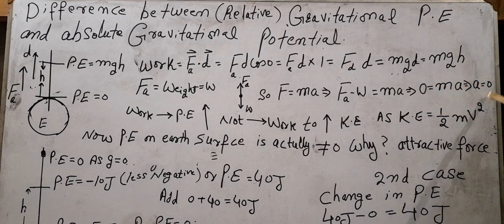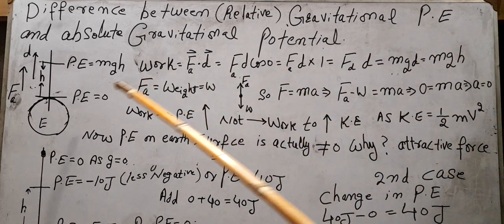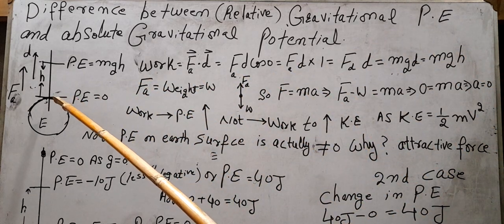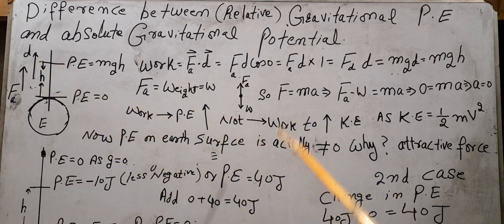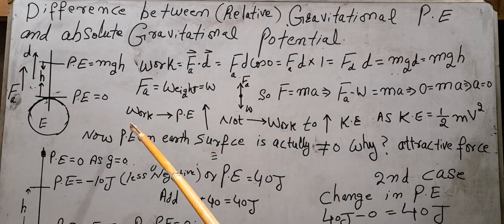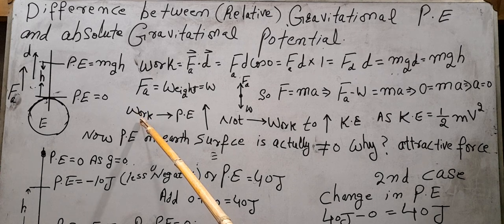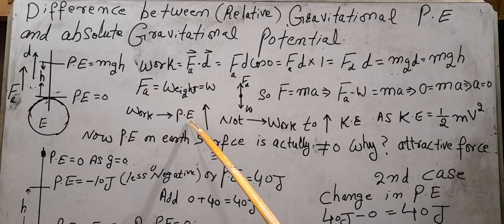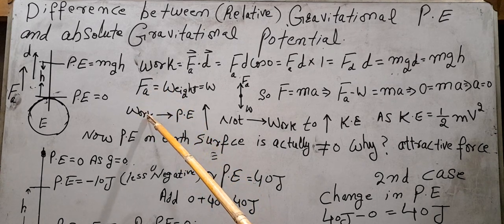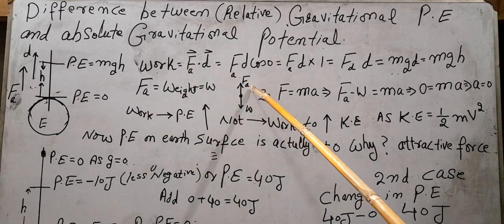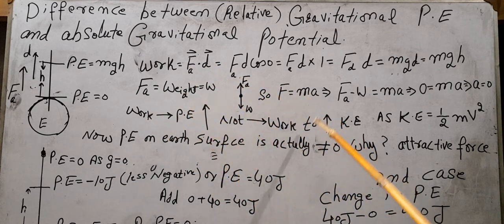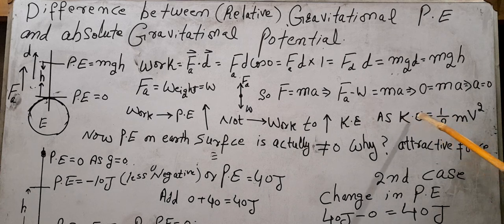Therefore acceleration is zero. Acceleration is zero means the body moves with constant velocity through this vertical height h. Because we want our work to convert into the potential energy of the body, and the work done by the force Fa should not increase the kinetic energy of the body. As you know, the kinetic energy of the body is equal to half mv square.